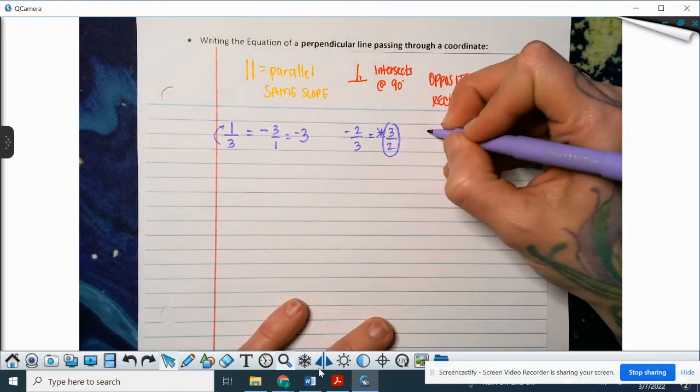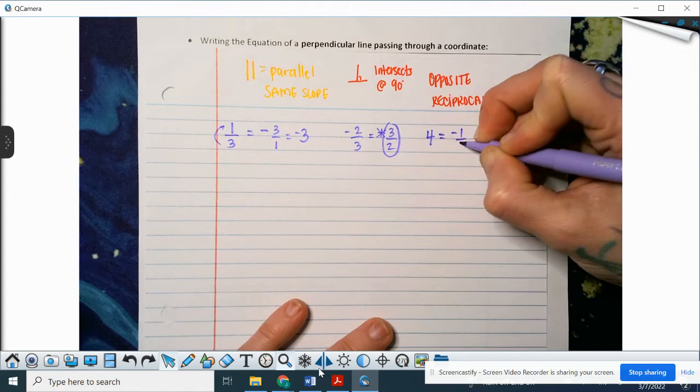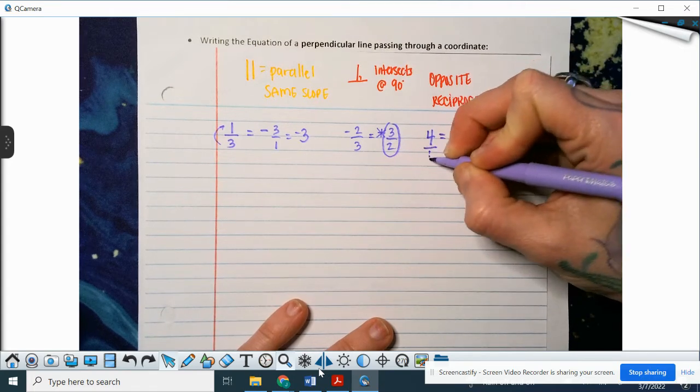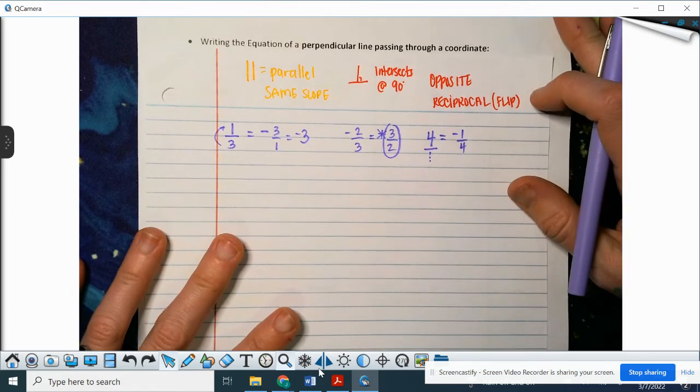If I have a slope of 4, it becomes a negative, and then it's 1/4, because again, remember, all whole numbers have that imaginary 1 under it, since we have a rise of 4, run of 1. So we need to flip it and make it opposite. One's negative, now becomes positive. So opposite, positive, negative, and then reciprocal, which means flip, is going to be our slope focus for perpendicular lines.